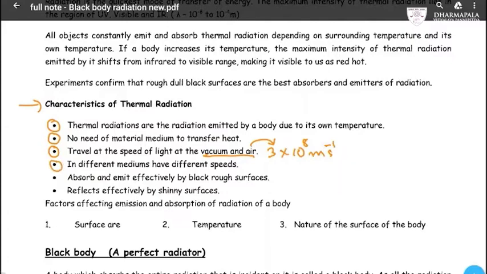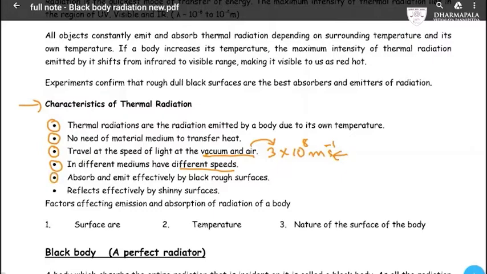Only in vacuum or air do those waves have this value. In different media they have different speeds. For example, if the electromagnetic radiation goes into water or glass medium, it's not this value, but a different, lower value. Absorbed and emitted effectively by black rough surfaces.